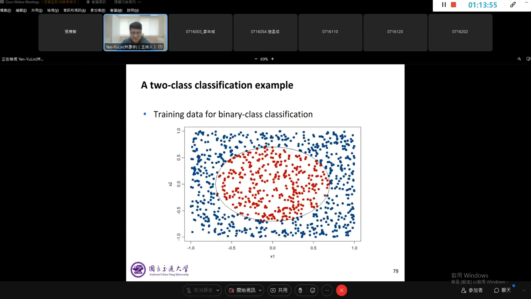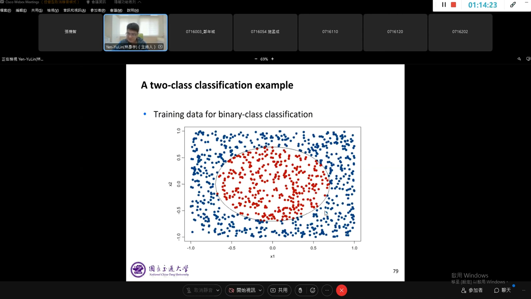Let's look at an example to illustrate the power of bagging. Let's look at the classification problem, a two-class classification problem in a two-dimensional space. As you can see, this is a two-class classification problem, and the ground truth boundary is an ellipse.